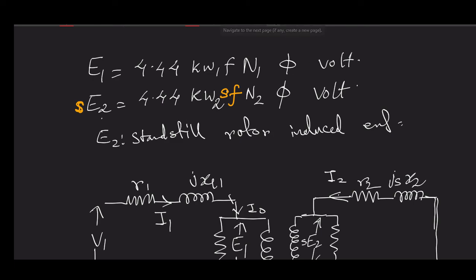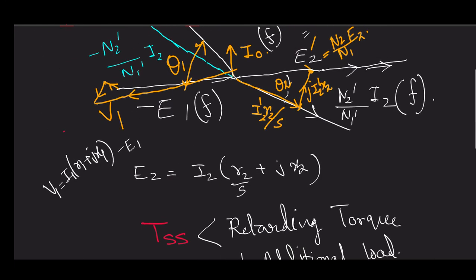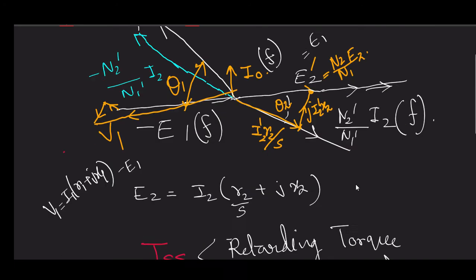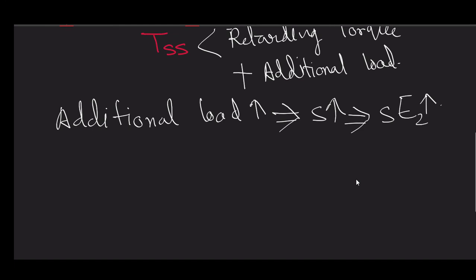Now if E2 is a function of S only, you are basically going to apply a higher voltage across a circuit. One thing you may ask me is that if we increase S, then it will also change the value of SX2. So what kind of change can we expect?